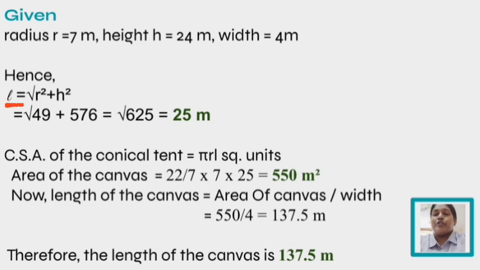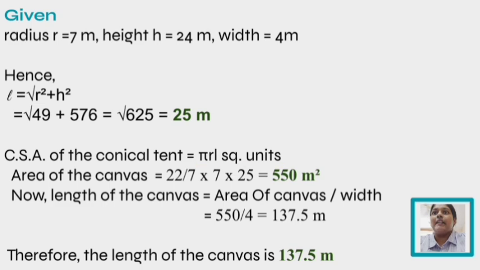So first let's apply the slant height formula. We substitute the values given in the question. So 7 square plus 24 square, and by that we get the value 25 meter. So the slant height is 25 meter. Now let's find the area of the canvas, that is the CSA. The formula for the CSA as given earlier is pi r l.